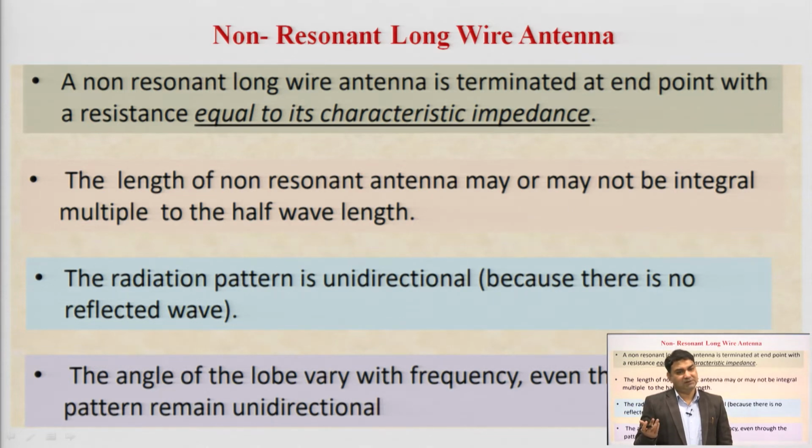This is the simple significance of the existence of the unidirectional radiation pattern. It means no reflected wave, no backward wave, that is why there are no standing waves. The angle of the lobe varies with frequency even though the pattern remains unidirectional.